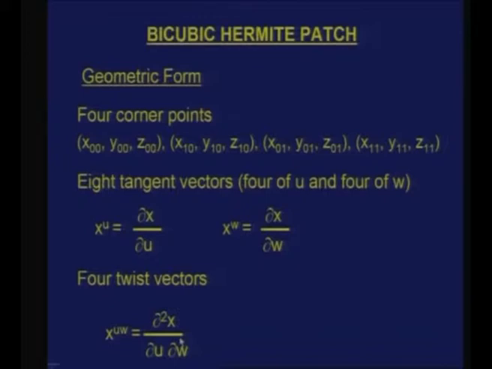So, at every point you are actually giving 12 values, and since there are 4 corner points, I have 48 values. If I give these 48 input values, I can solve the algebraic form and get a bicubic Hermite patch in geometric form.